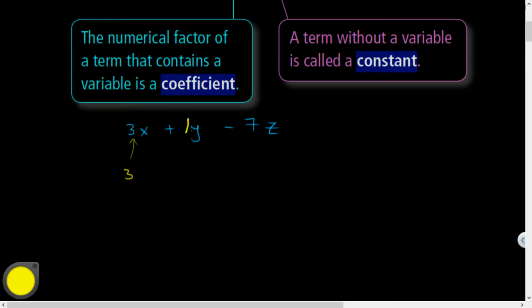There's an invisible 1 hiding in front of that y like a hobbit wearing a ring. It was invisible the whole time, Cameron. What do you guys think the coefficient for the negative 7z would be? It actually will include the minus sign. So negative 7 is the coefficient there. So that's just some coefficient concepts for you.